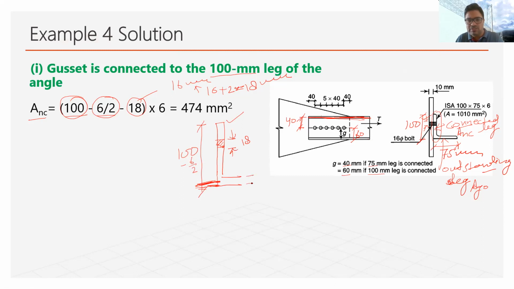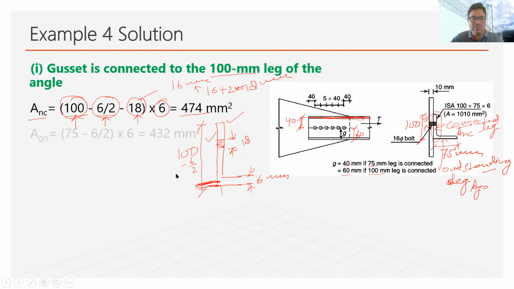Because the thickness of this leg is 6 mm. So half part will be considered in this leg and half part will be considered in the next leg, which is the outstanding leg. So this is how it is calculated: 100 minus 6 by 2 minus 18, and the whole multiplied by 6, and this is how we calculate the net effective area for the connected leg.